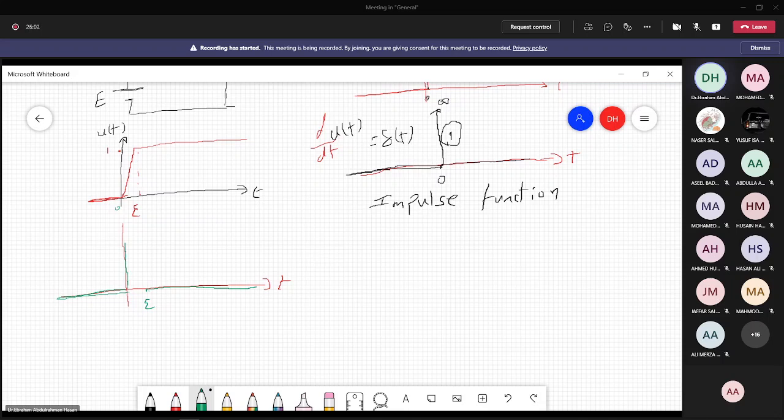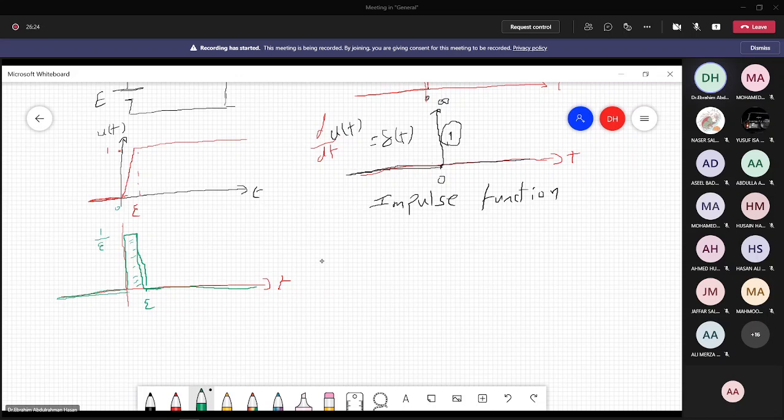So it's going like this. So this is equal to 1 over epsilon. So the total area under this curve, which we call the strength of the impulse, equal to 1 over epsilon multiplied by epsilon, which is equal to 1.